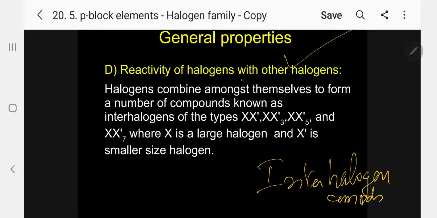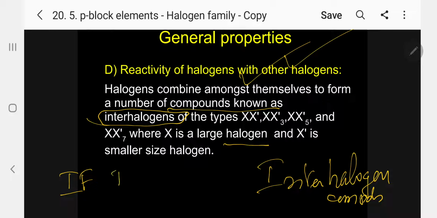Halogens combine among themselves to form a number of compounds known as interhalogens of the type XX', XX'3, XX'5 and XX'7, where X is the larger halogen, larger in size, and X' is the smaller size. That is why I have given examples: IF, IF3, IF5 and IF7.